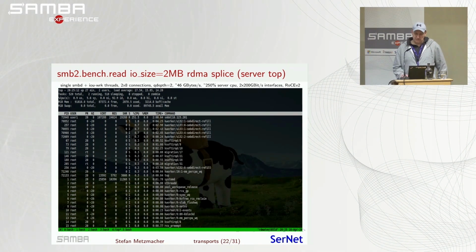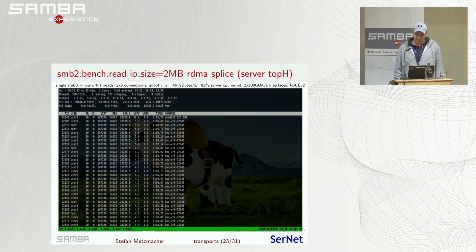On the server side, we just have about 250% CPU, and that's basically split up in 82% on the main SMBD, and then a lot of IO uring helper threads, which are blocking here.